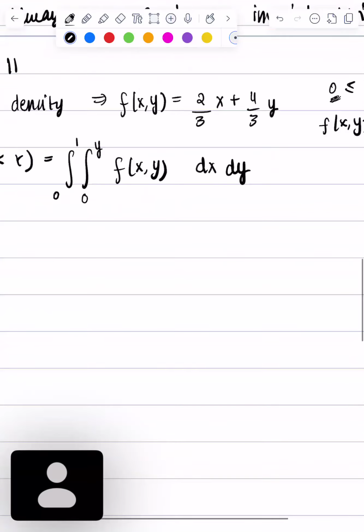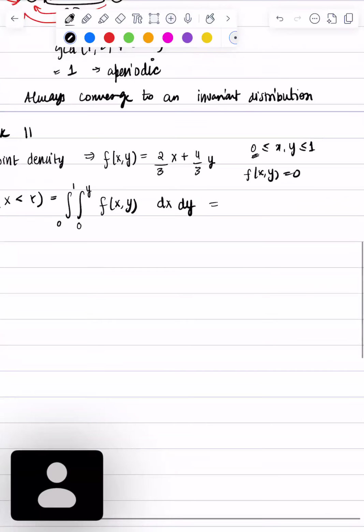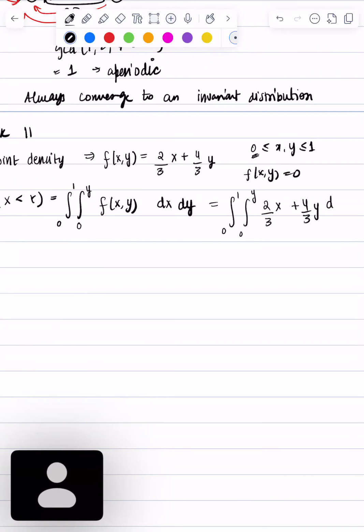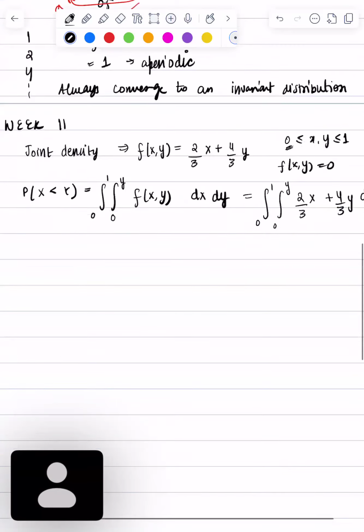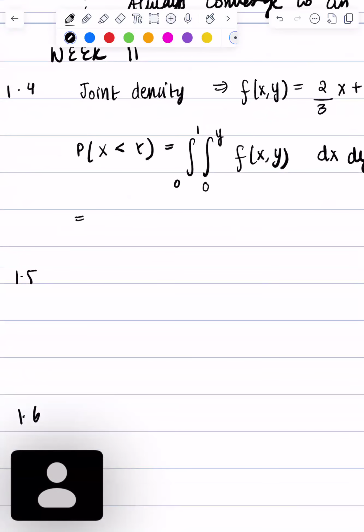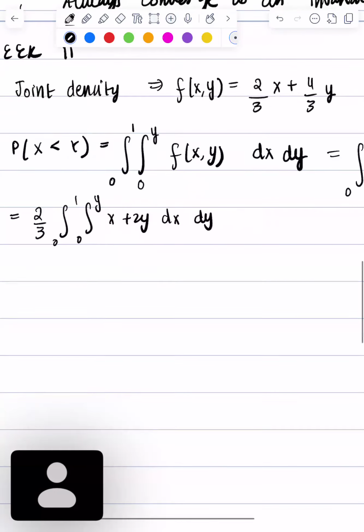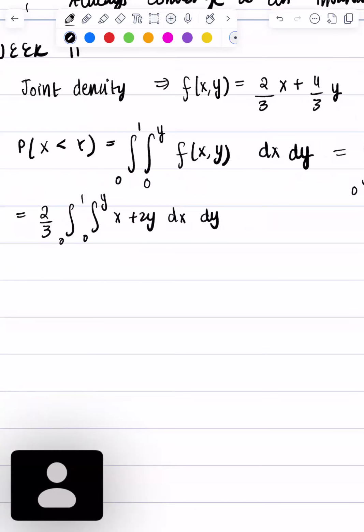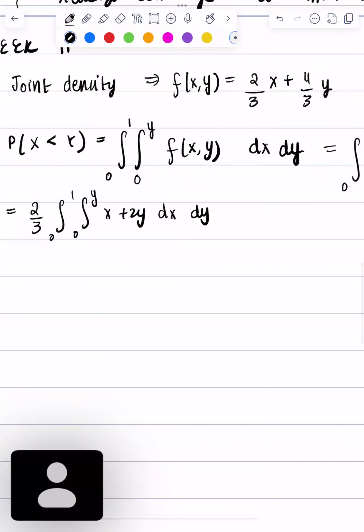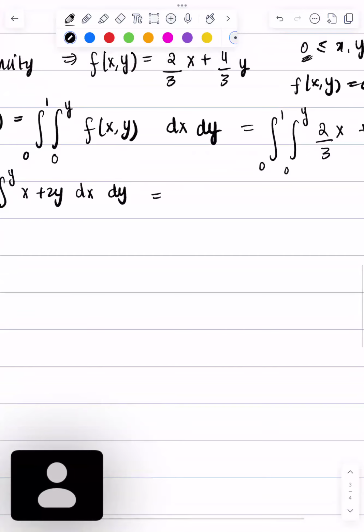Then we just plug in the values, which is 2 over 3x plus 4 over 3y dx dy. We take out 2 over 3, x plus 2y dx dy. Now we just integrate in terms of x, taking y as a constant.